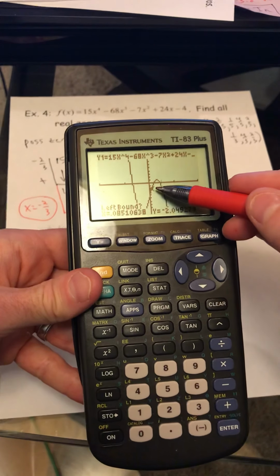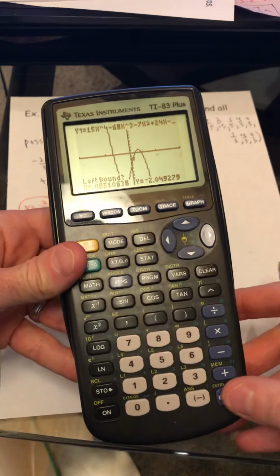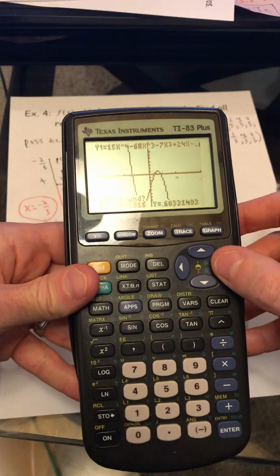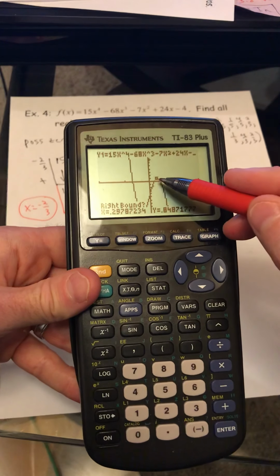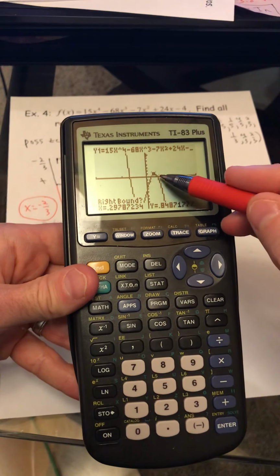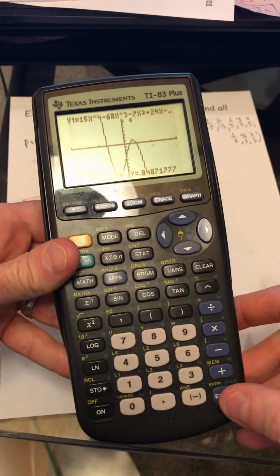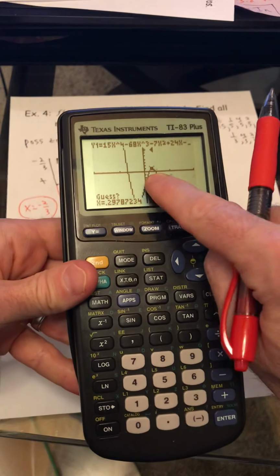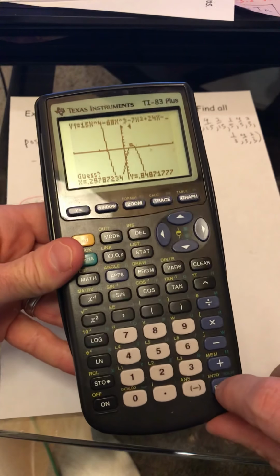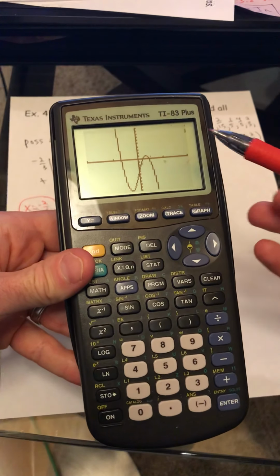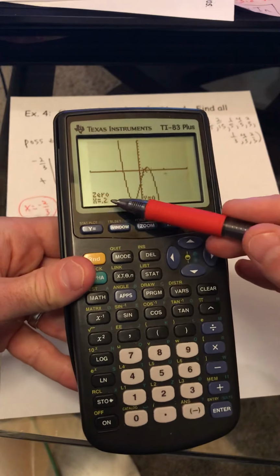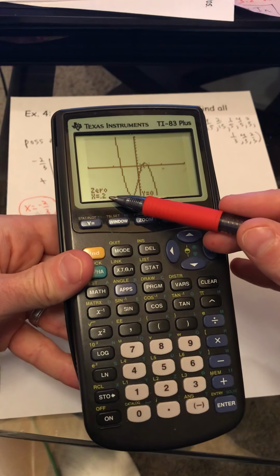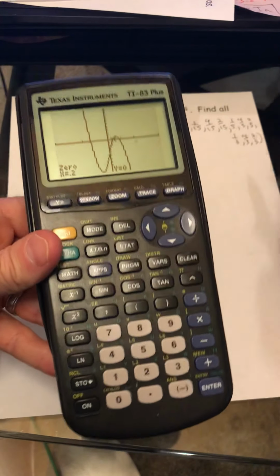I'm going to look at this one. Again, the main thing is make sure left bound, you're to the left of where it crosses. Right bound, again, as long as you're to the right of where it crosses, do not go past the next 0. And again, you can see at guess, the arrows are kind of pointing inward where that one is. I'll hit enter one final time, and sure enough, it was the 0.2, which is 1/5.